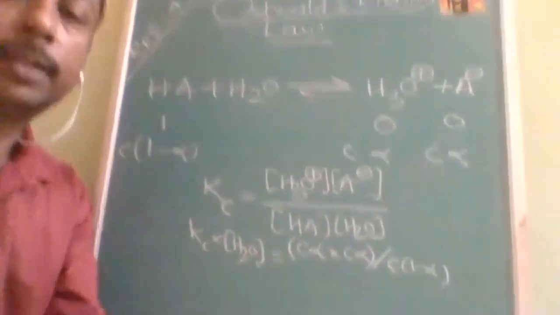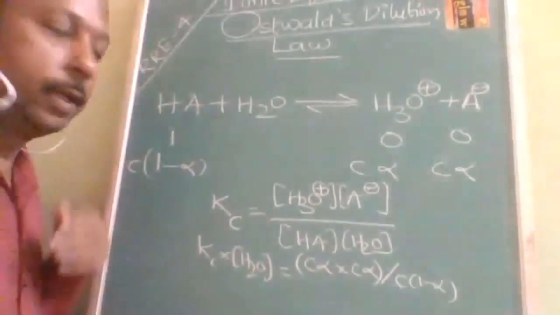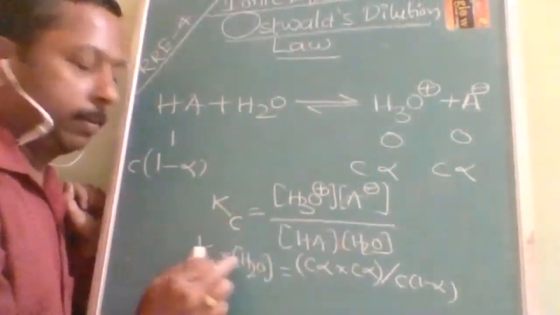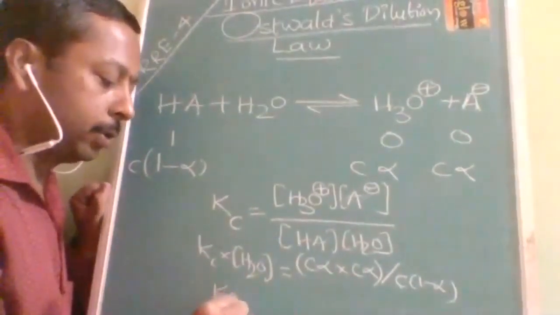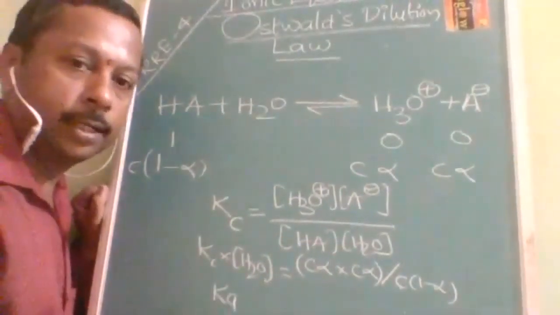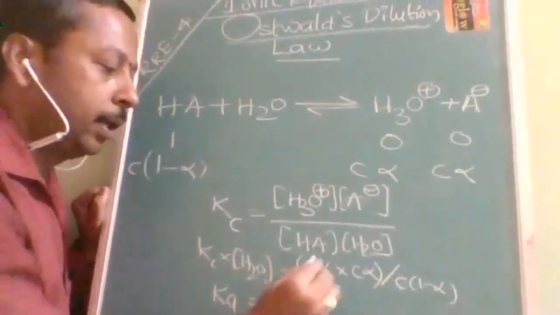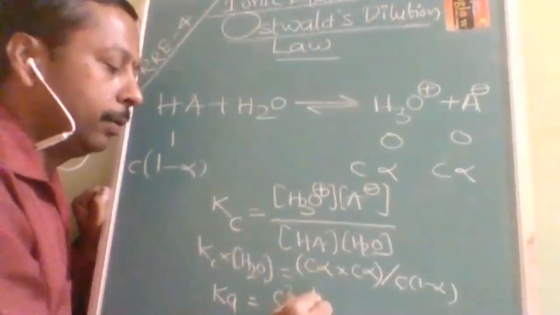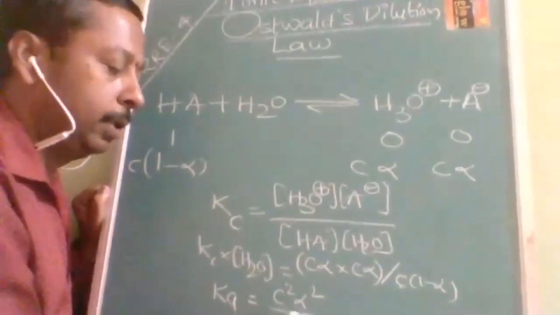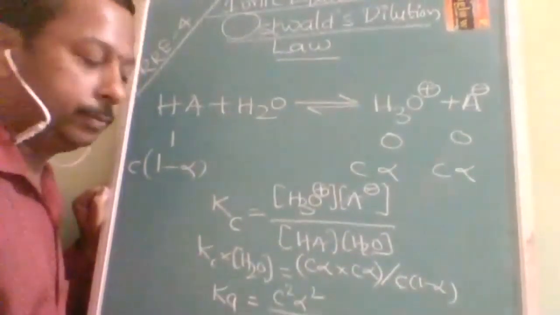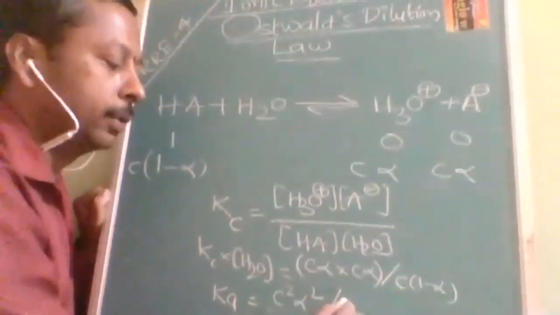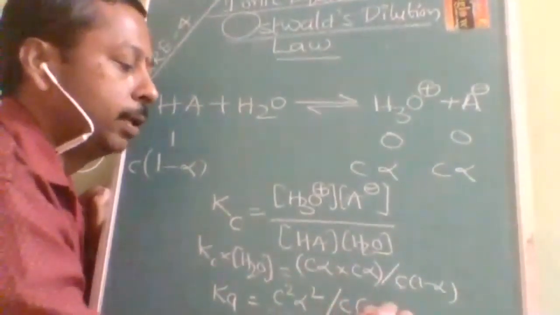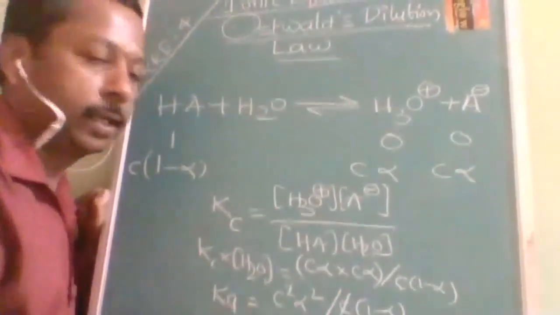Constant into constant gives a new constant called Ka, where A stands for acid. So C square alpha square divided by C into 1 minus alpha. C and C will get cancelled.